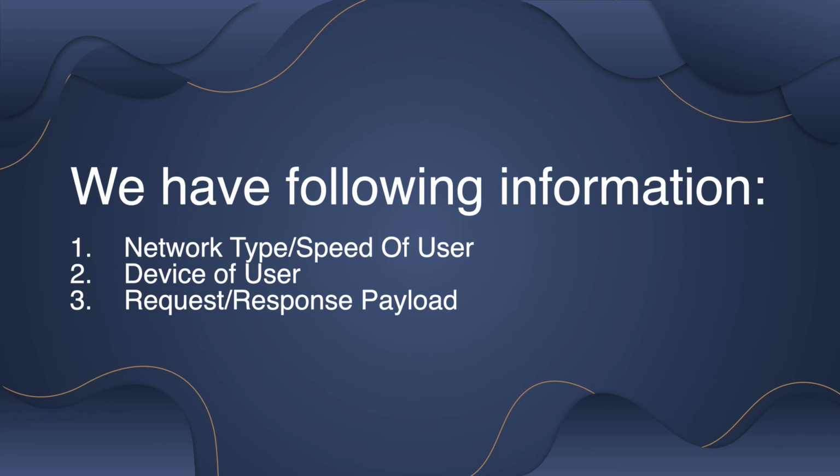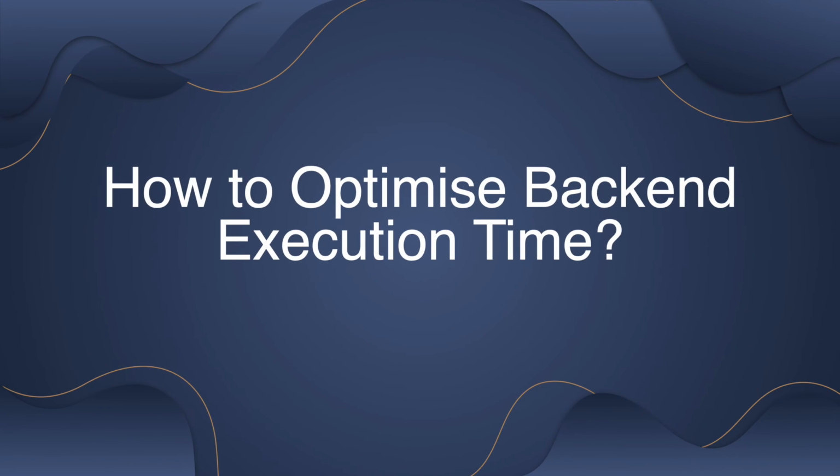We know the device types of the customer. Also, we know the request and response payload. Now, first, how do we optimize the backend execution time? There may be a chance the backend execution is taking time. How do we improve that?